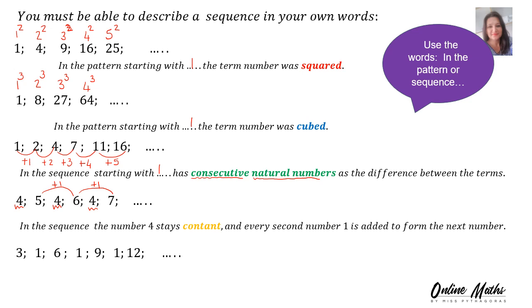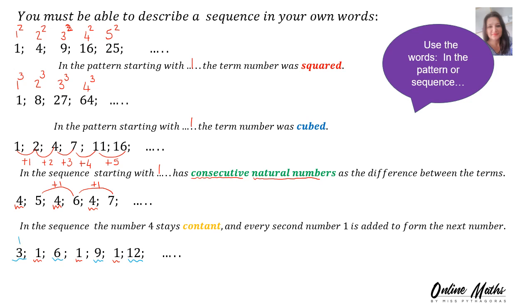In this sequence, 3, 1, 6, 1, 9, 1, 12. What happened there? Can you see the number 1 is constant? And then we find the number 3. Can you see that there are the multiples of 3? 3, 6, 9, 12. And where do we find that? Do you agree?